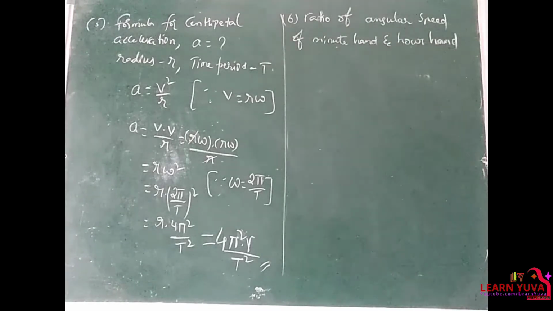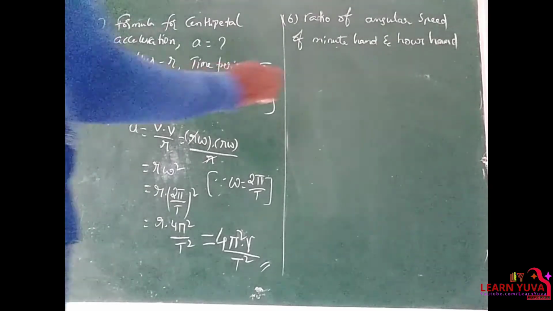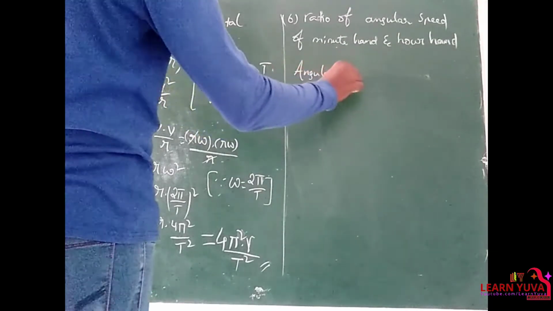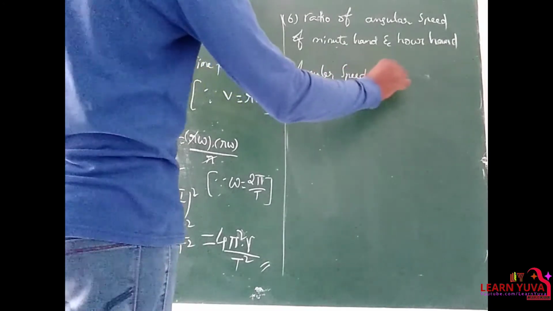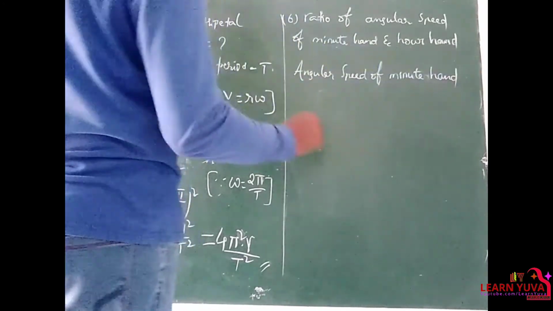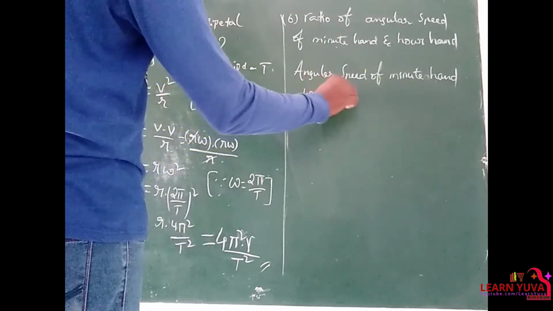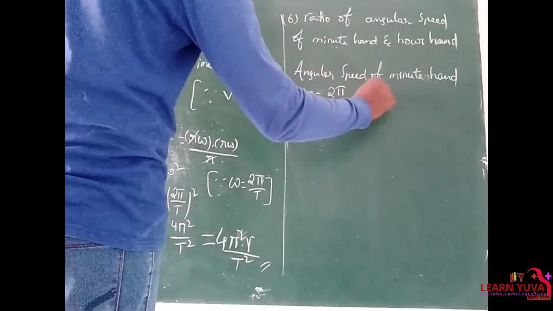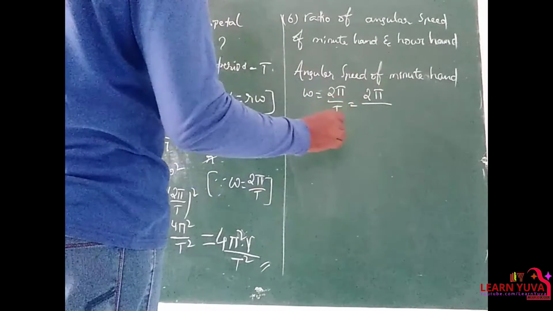Next question, what is the ratio of angular speed of minute hand and hour hand? Here, angular speed of minute hand, the angular speed formula omega is equal to 2 pi by T. That is equal to 2 pi by 1 minute. 1 minute is equal to how many seconds?